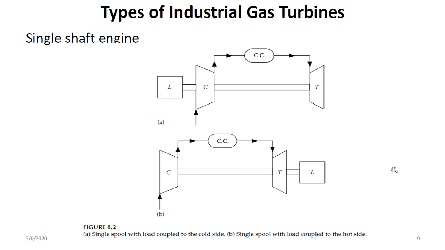So in A, the load is coupled to the compressor, and in figure B, the load is coupled to the turbine. That's why it's called a hot side. So do not get confused about the nomenclature.